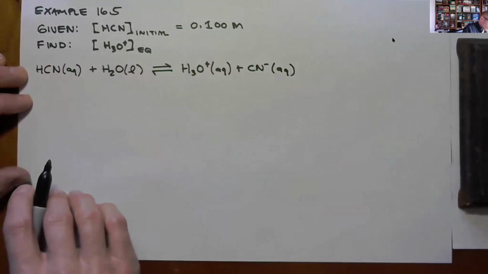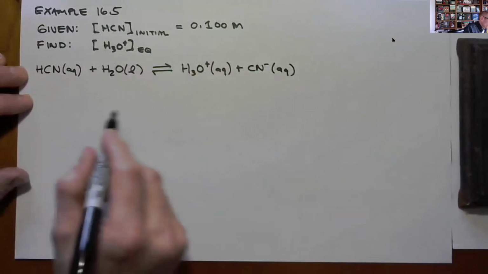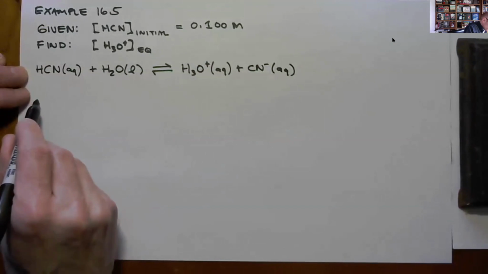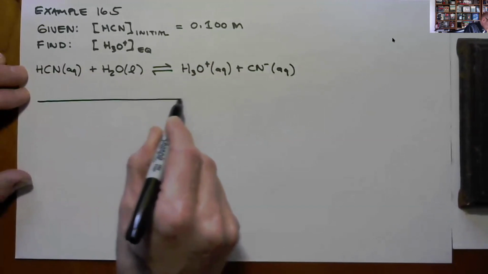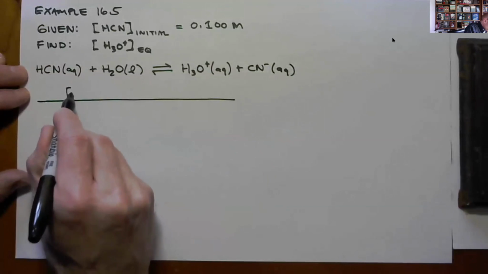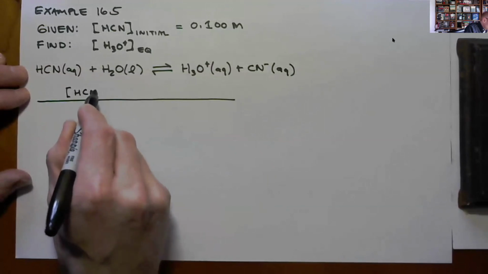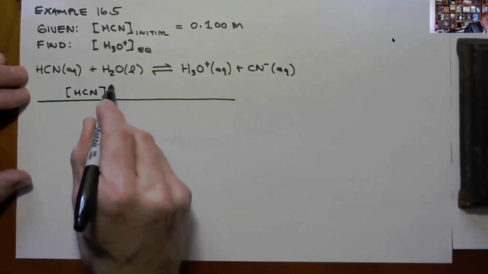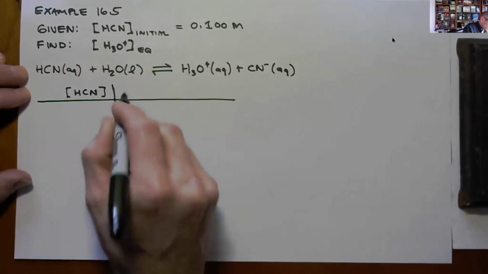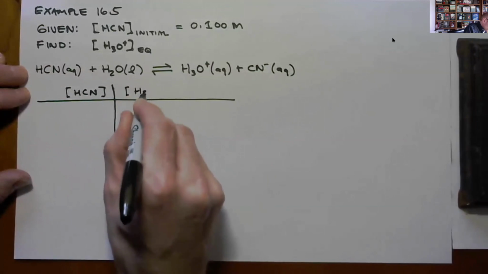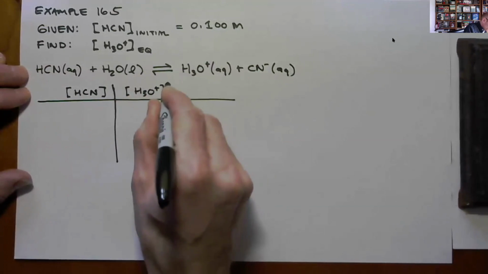Okay, so what do we know? Well, let's make a table, the so-called ICE table. So we're given the initial concentration of our hydrocyanic acid. We seek the equilibrium concentration of our hydronium.